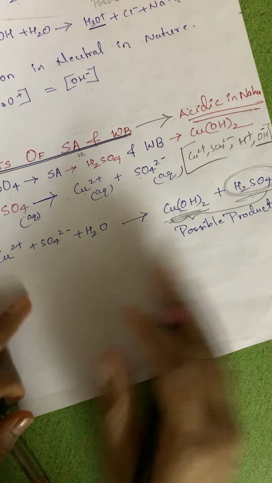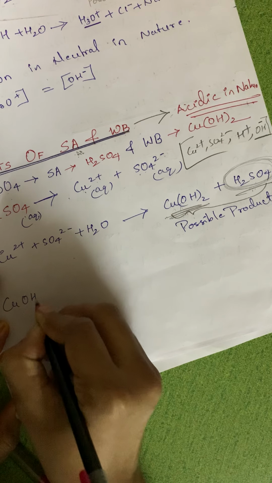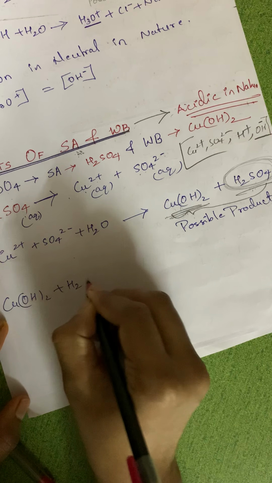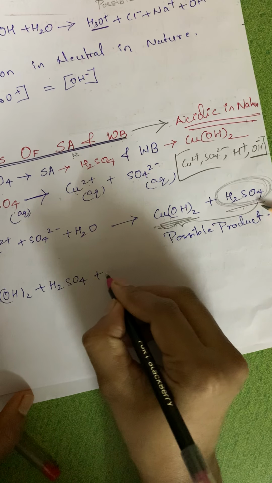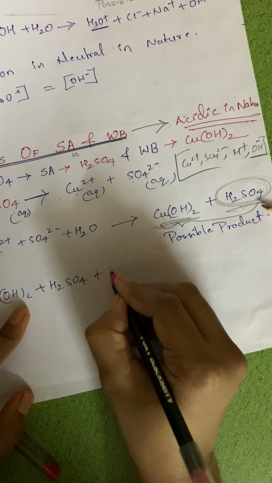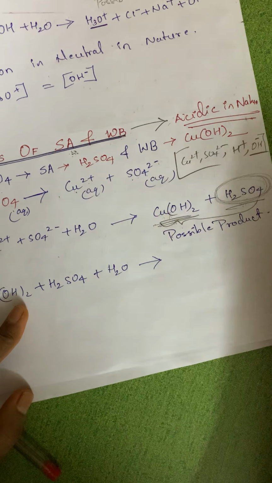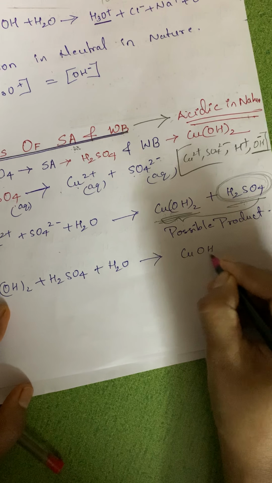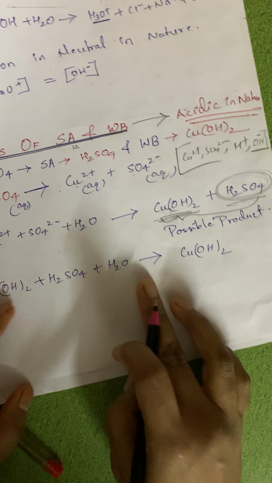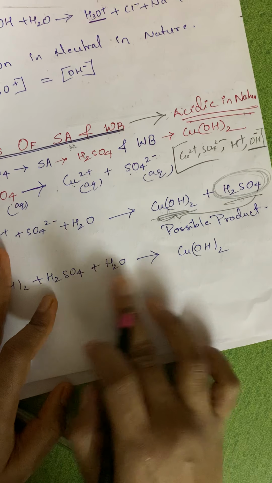So the reaction will be Cu(OH)2 plus H2SO4 in water, H2O. What will happen? Cu(OH)2 will remain as it is. And what will happen to all these ions?